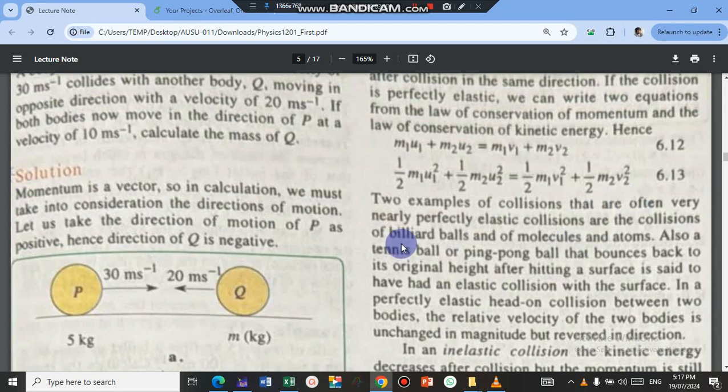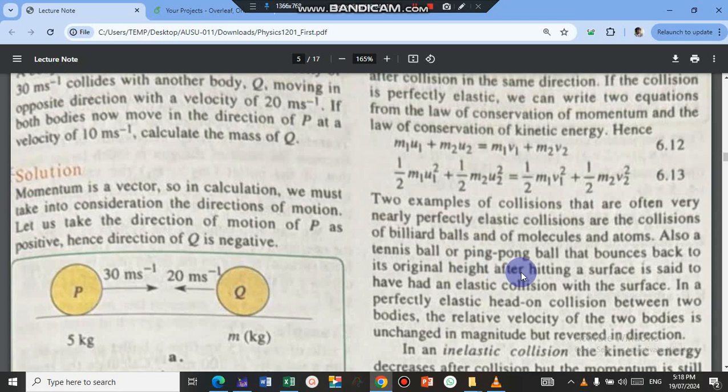Here they said very nearly perfectly because in nature you don't have any collisions that are perfectly elastic, but you can have those that are nearly perfectly elastic. And the examples are collisions between molecules and atoms, very small particles, and also the collision of billiard balls.